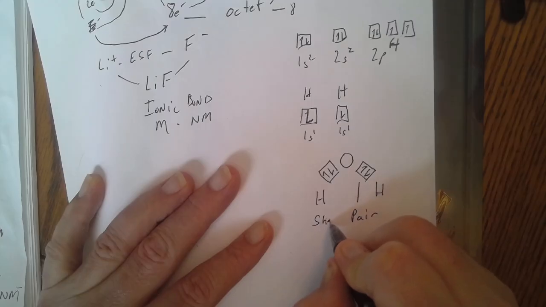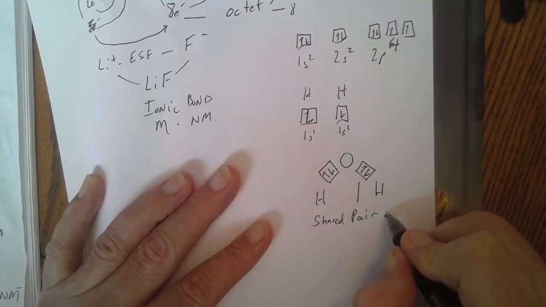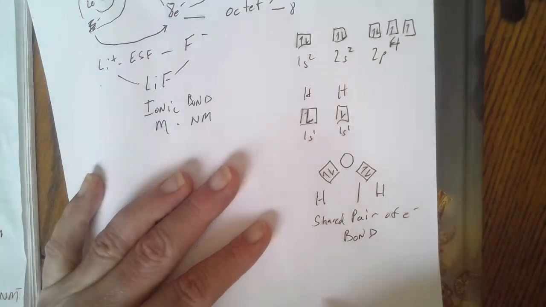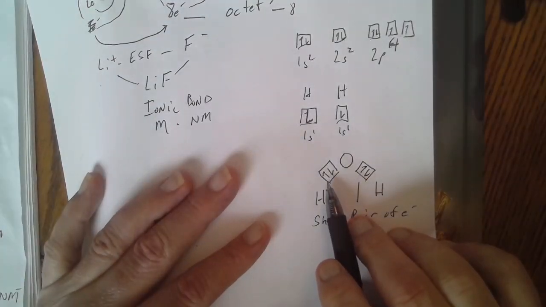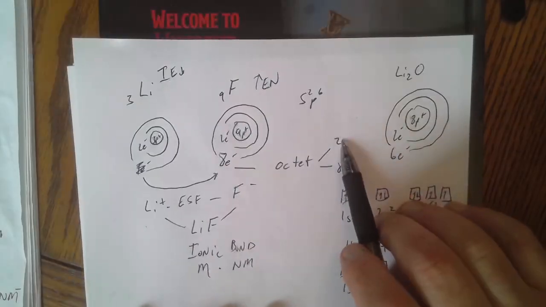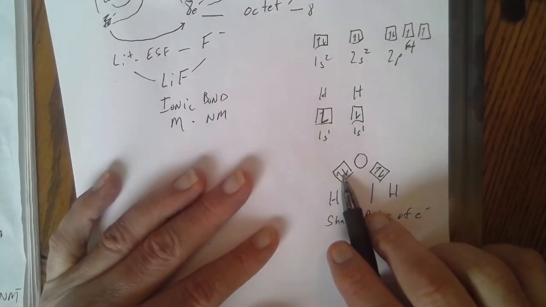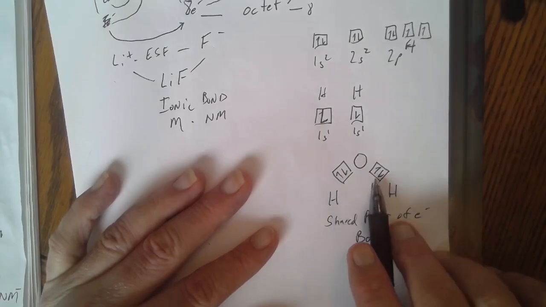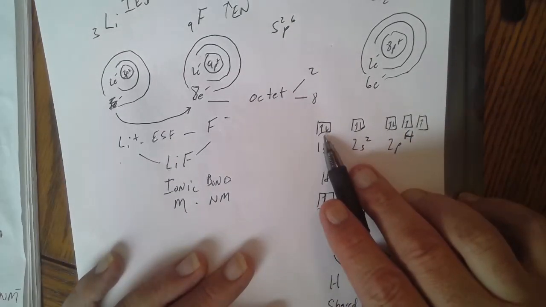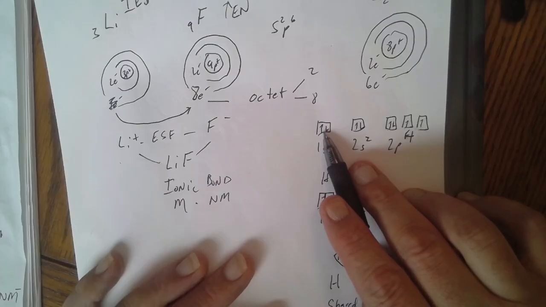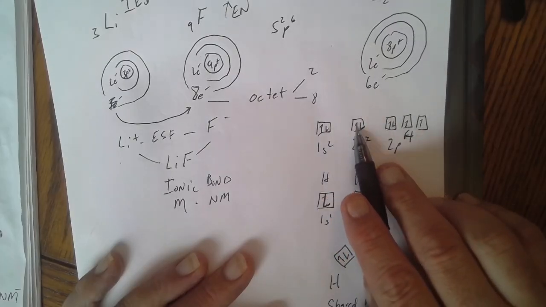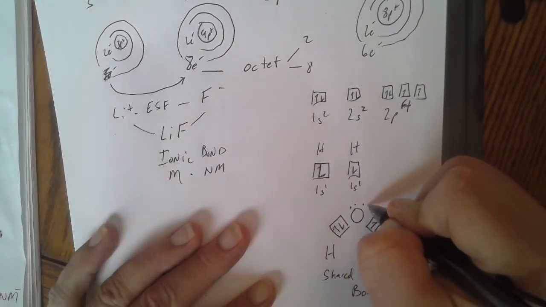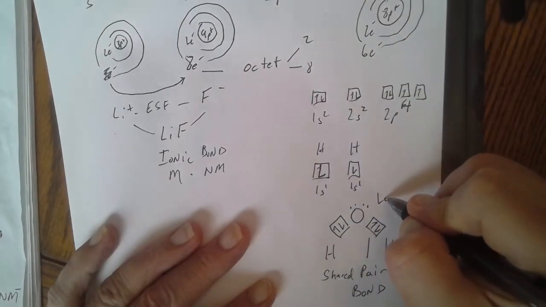And this is called a shared pair of electrons or a bond. Notice that the hydrogen has its 2 electrons, 1, 2, because it's sharing that one from the oxygen. The oxygen has 4, but don't forget, we don't care about these because these are close enough to the nucleus they don't count. The oxygen also has this pair and this pair. 1, 2, 3, 4. These are called lone pairs.